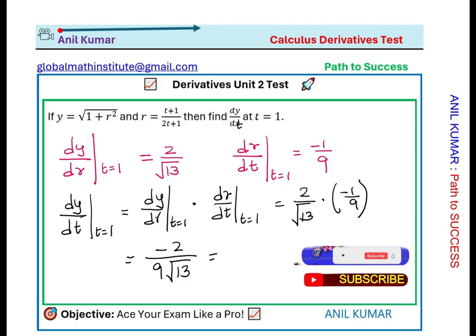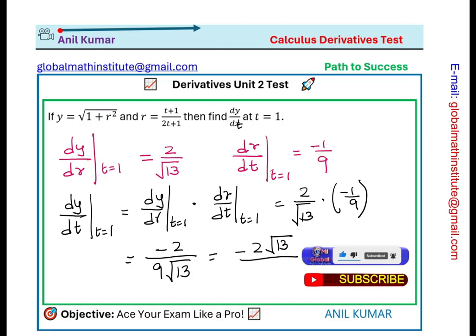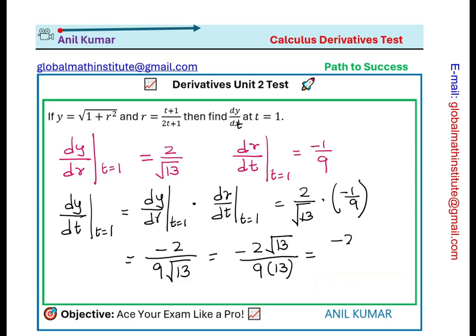Now, you may like to rationalize this, right? So it will be minus 2 square root 13 over 9 times 13. So it is minus 2 square root 13 over 117.